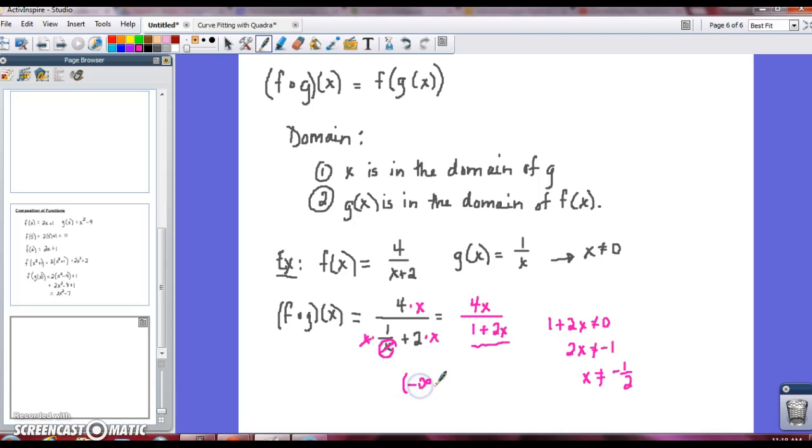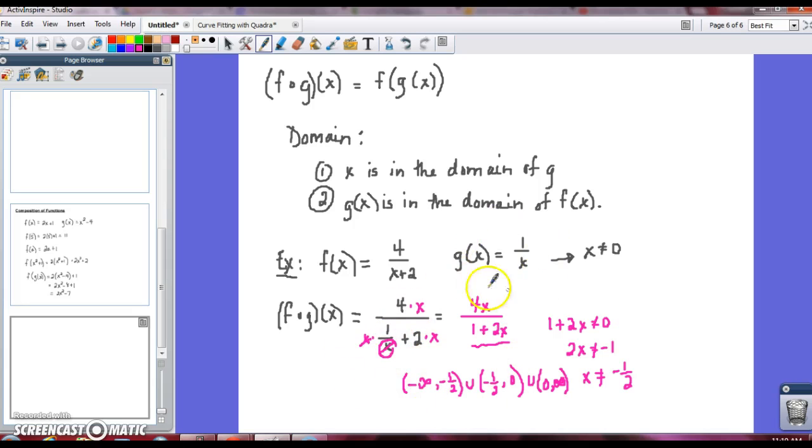I can go from negative infinity to negative 1/2, from negative 1/2 to 0, not including them, and then from 0, whoops, that's a positive infinity symbol, to positive infinity.